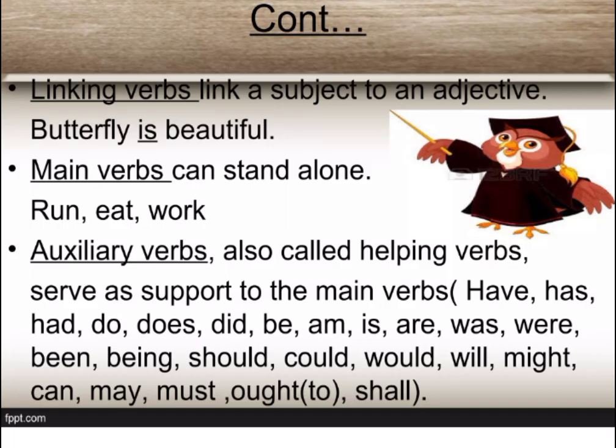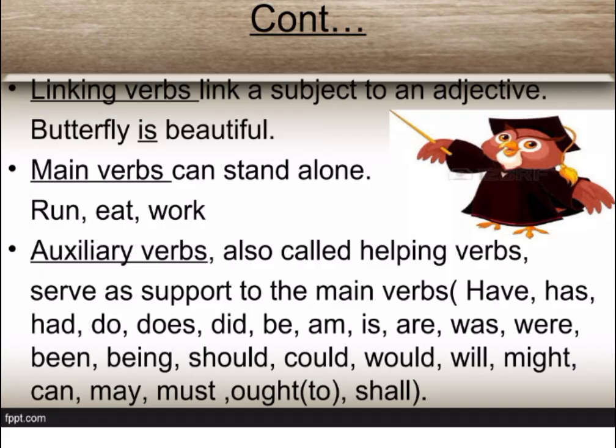Linking verbs link a subject to an adjective. Butterfly is beautiful. You can see there is a connection between subject and adjective.